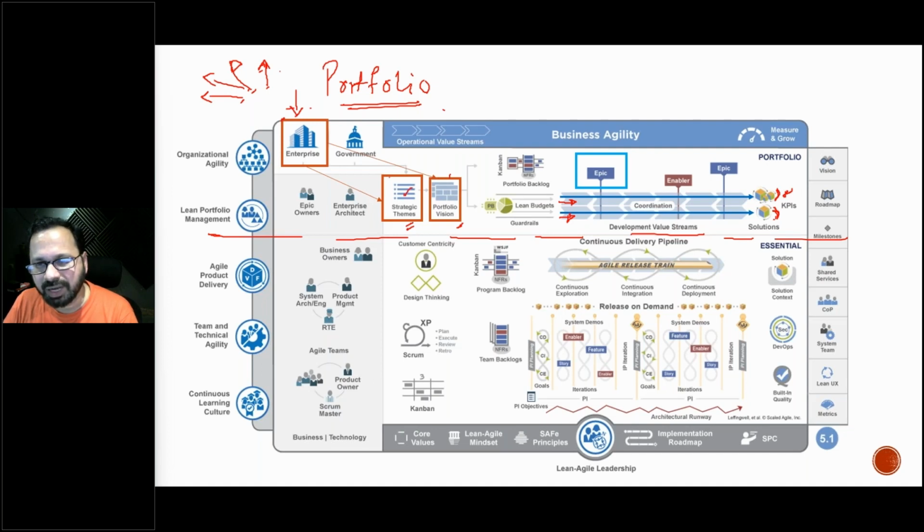Strategic themes align the business with the portfolio. So it aligns this portfolio with the business.